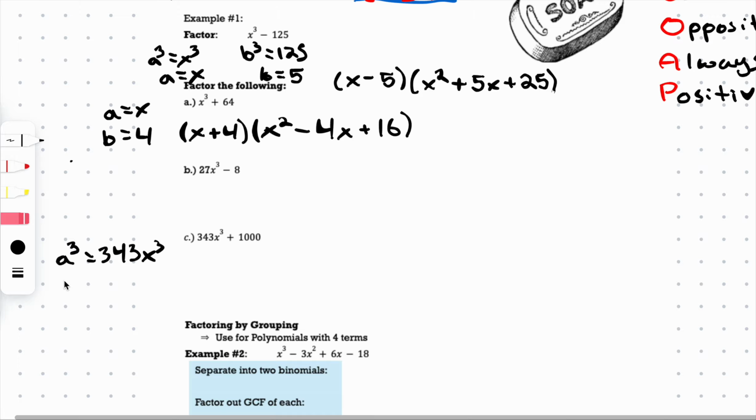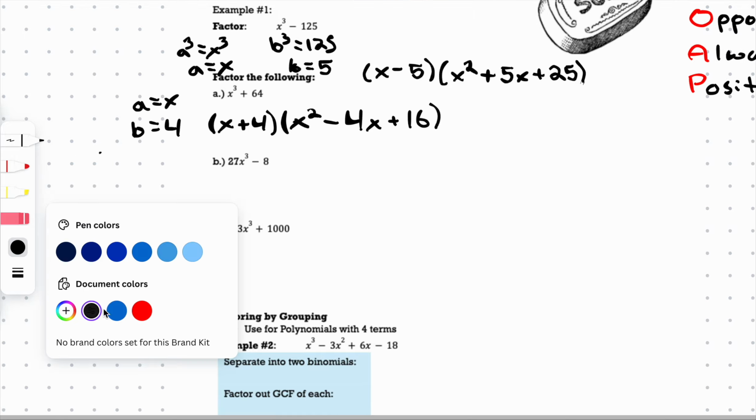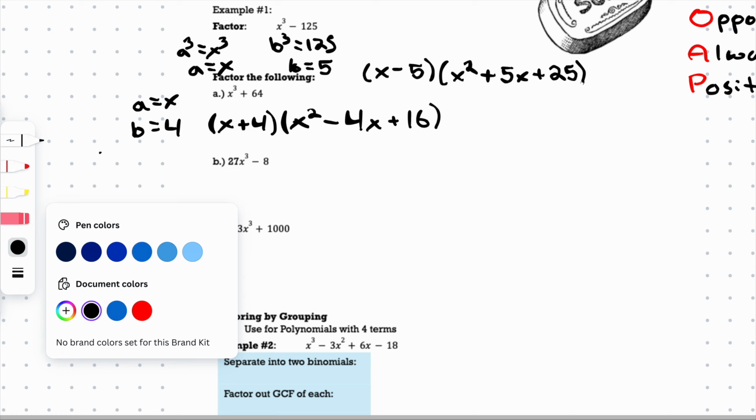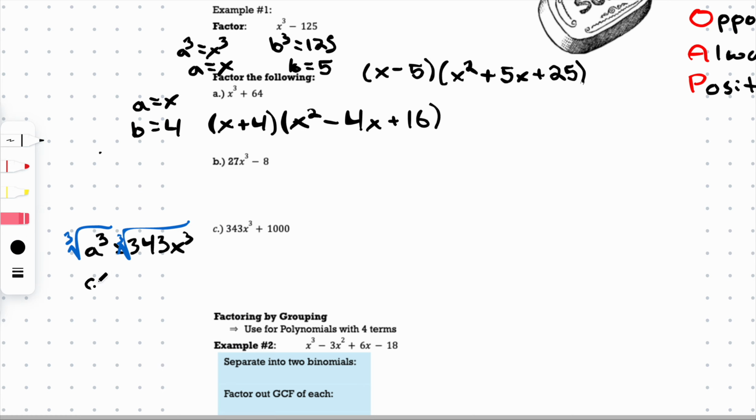So what's a going to be equal to? Well, we need to take the cube root of both sides, and this gives us a equals, and the cube root of 343 is just going to be 7.